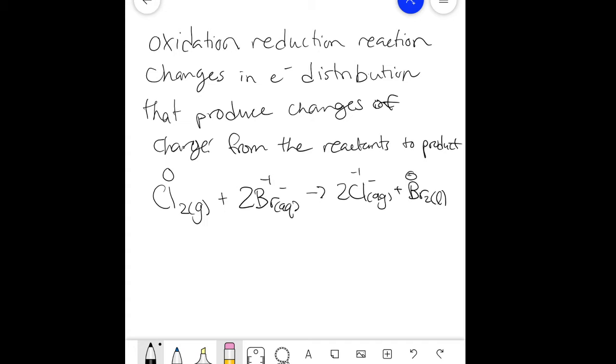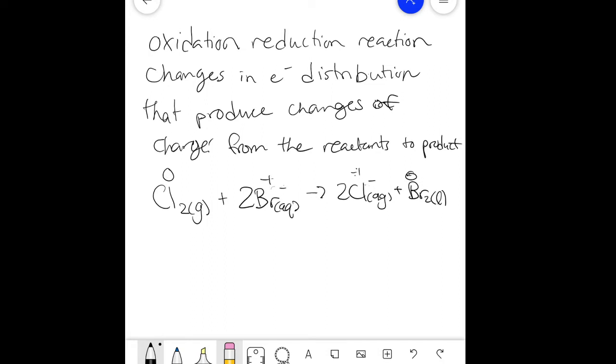We started with whatever we started with, did the total ionic, and this is what we're left with. What these oxidation numbers show is the charge, the electron number of these elements. If you have something by itself, it's just 0, and this has a -1 charge, -1, -1, -1, 0.